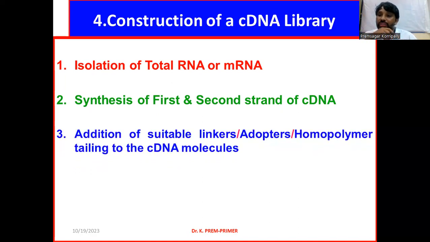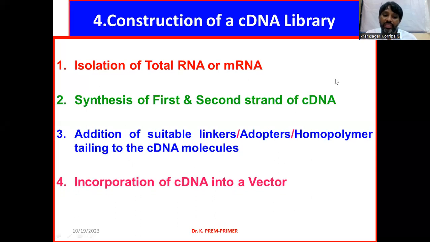The third step: cDNA molecules are blunt. They don't have any cohesive ends, so you cannot clone them directly into any vector. What you have to do is add cohesive ends to the cDNA molecule. You can use linkers, adapters, or homopolymers so that they have cohesive ends.